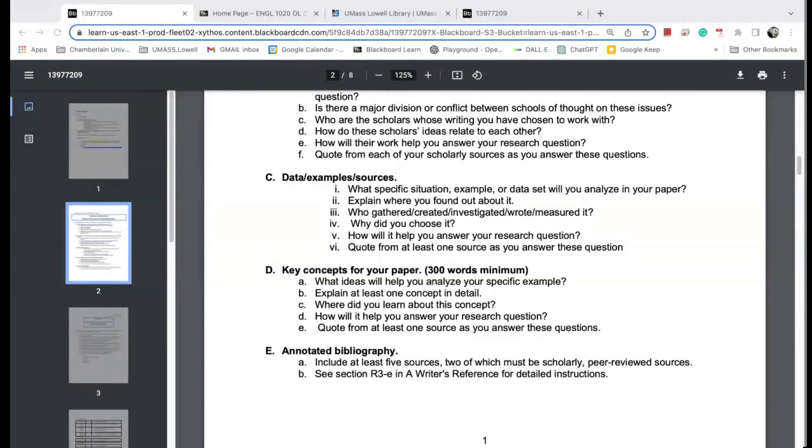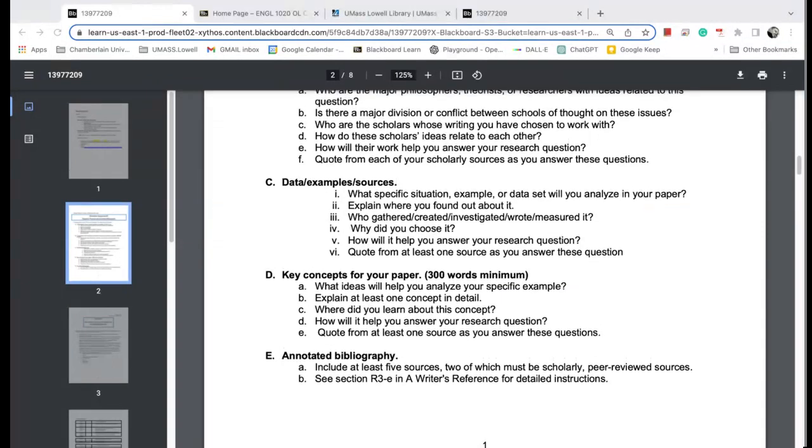This is what concepts are. So I'm going to come up with some of these concepts, and then it says explain at least one in detail. Maybe I'll pick two. Where did I learn about it? I've thought about the writing process for 25 years. And then I'll quote from one of my sources.